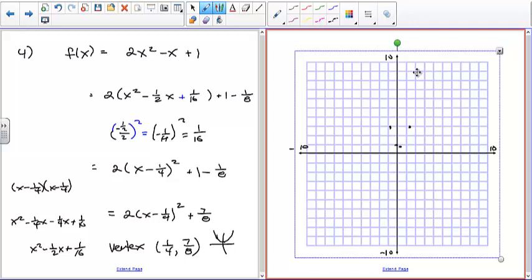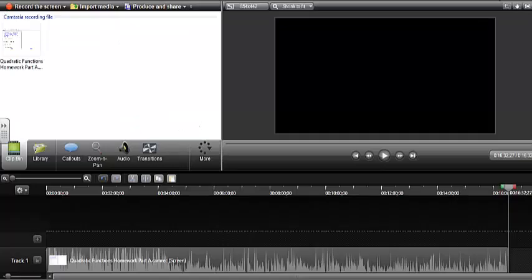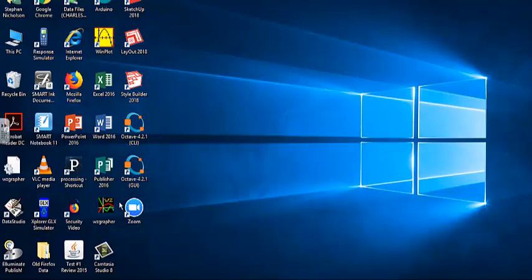That's going to put you right up here. And then symmetry puts you right there. And so there's your approximate graph.